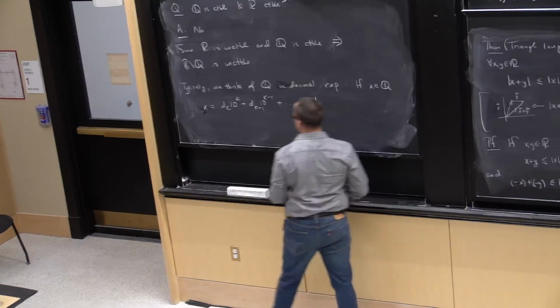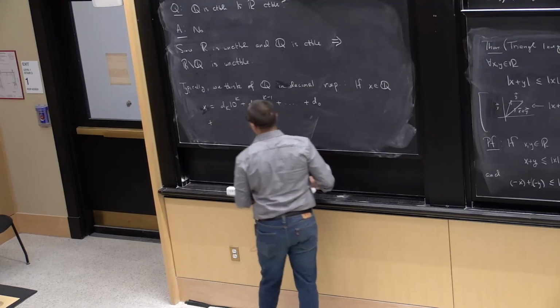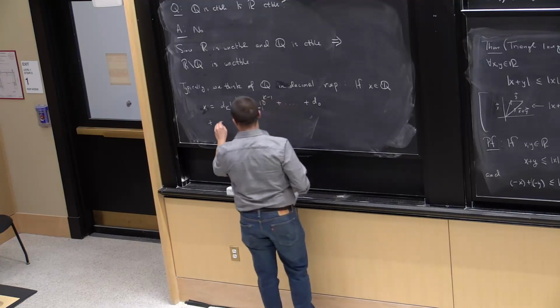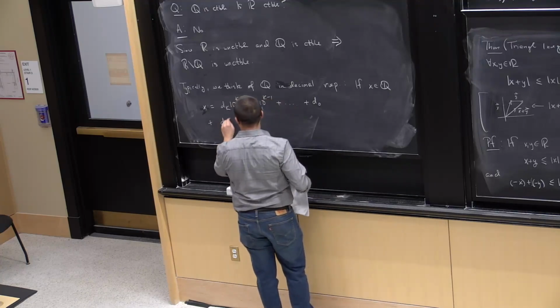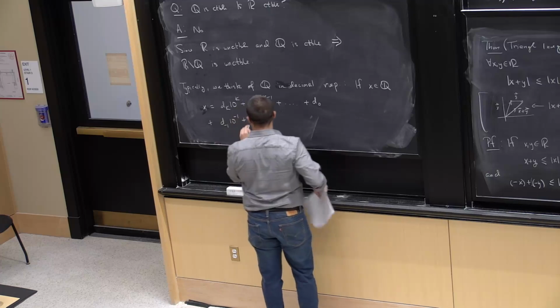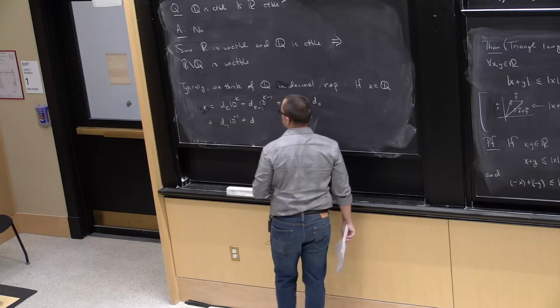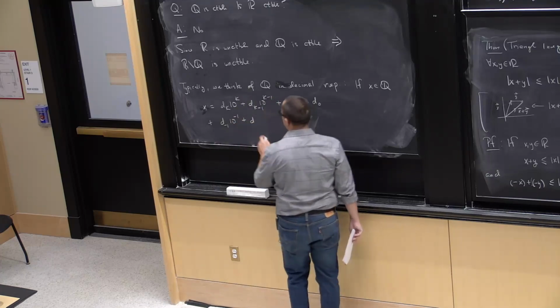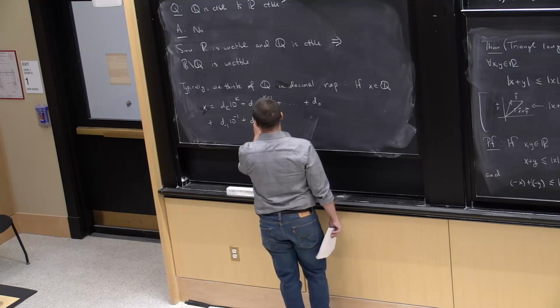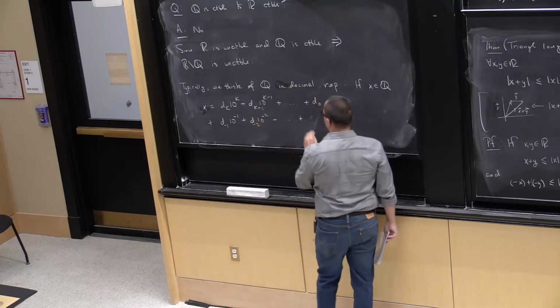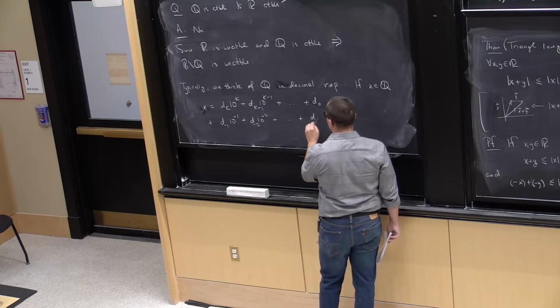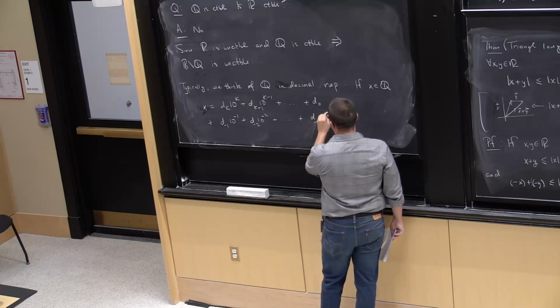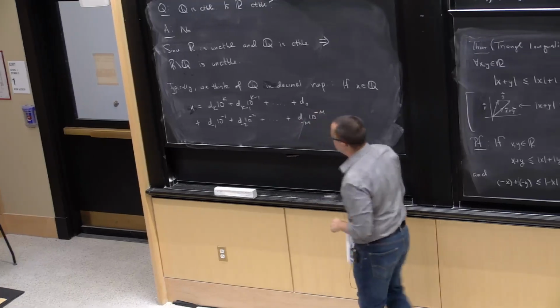And then we go to the tenths spot, d_{-1} times 10 to the minus 1, plus, so this is discussion, I'm not stating any theorems right now, until we get down to maybe some last decimal spot.